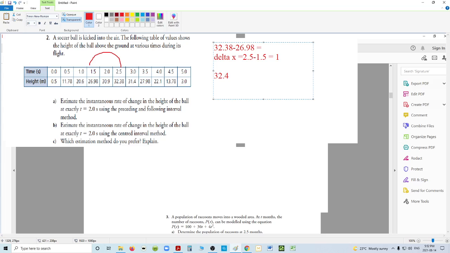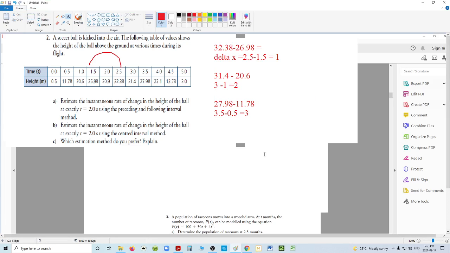The delta y is 31.4 minus 20.6, and the delta x is 3 minus 1, which is 2. And the last point is 27.98, and it doesn't matter which ones you minus first, so long as you keep the minus in the same order, 11.78. And the delta x is 3.5 minus 0.5, which is 3.